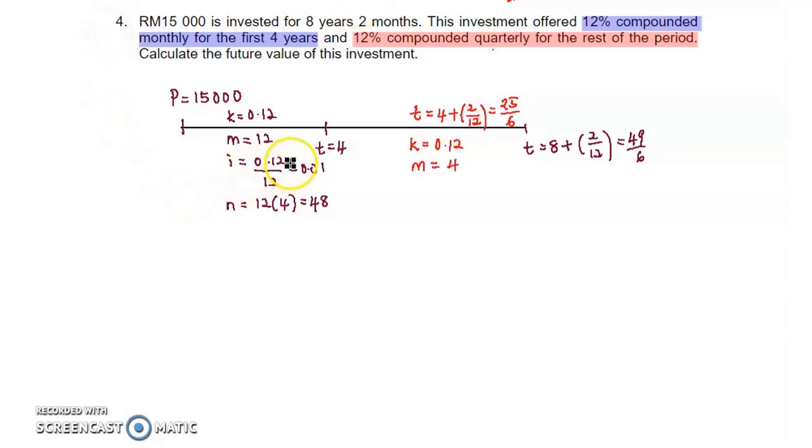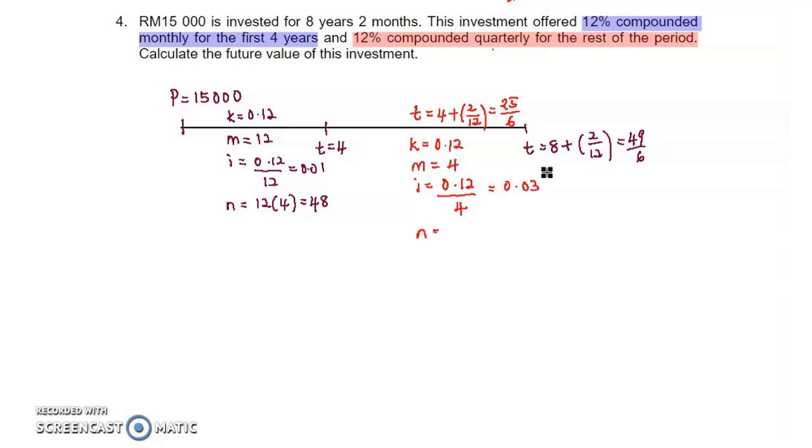So here the rate is still the same, but the conversion period is different. The first 4 years are compounded every month, or monthly. The next 4 years and 2 months are compounded quarterly. So here calculate I equals K over M. So 0.12 divided by 4 is 0.03.